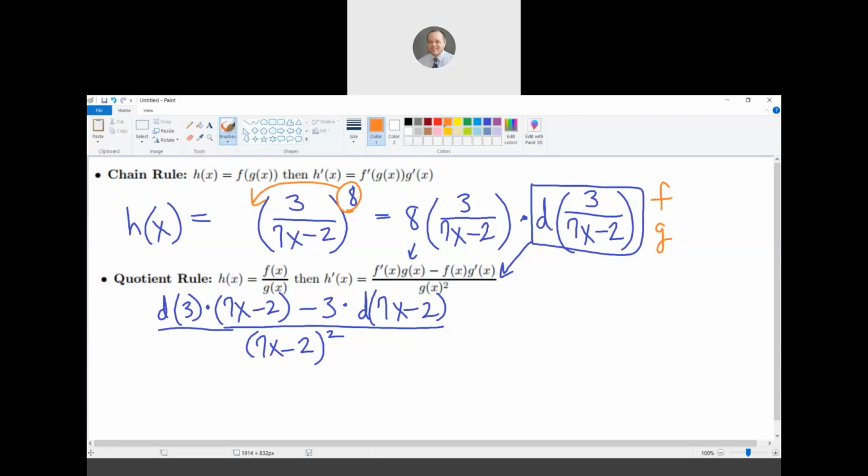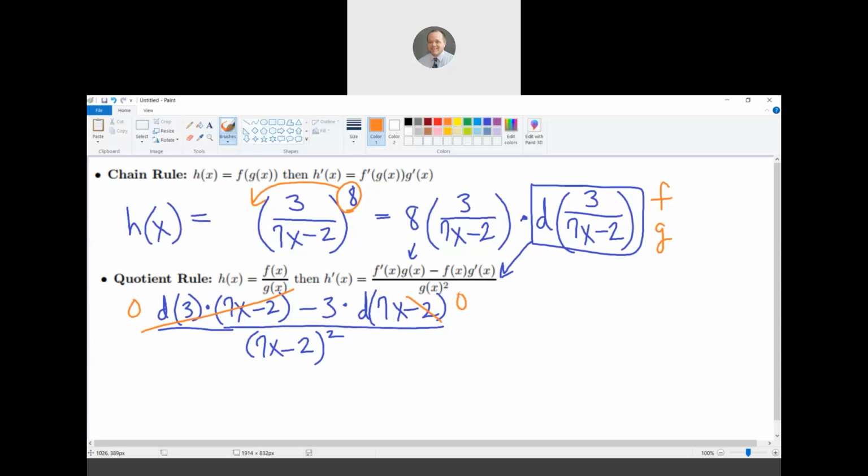Now, going back to the front of the setup, the derivative of 3, with 3 being a constant, that's 0. So this entire first part is 0. Over here, the derivative of negative 2 is also 0.